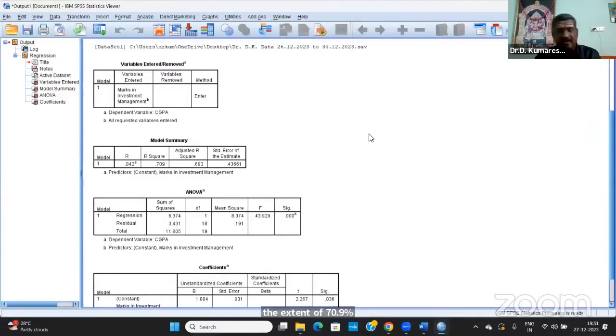It means the dependent variable might have been influenced by some other variables apart from the independent variables we have considered.